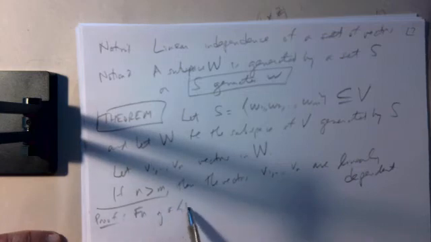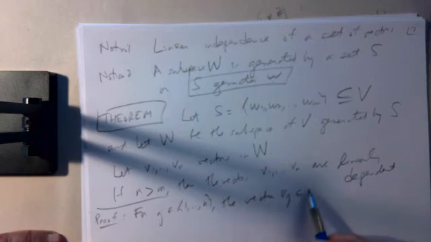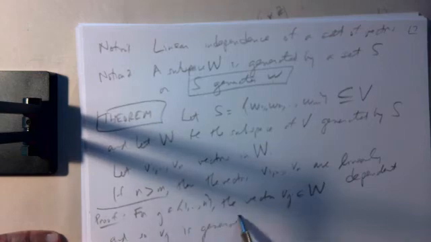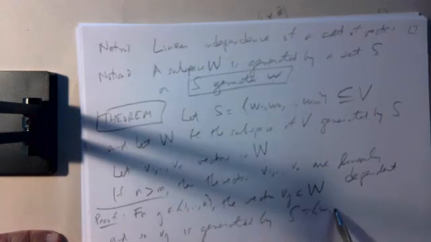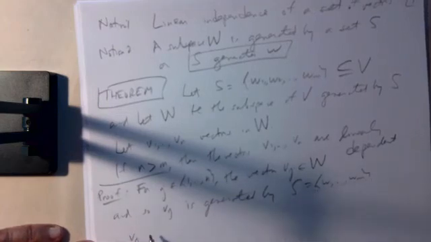So for each j from 1 up to n, the vector vj is a vector in W. And so v sub j is generated by the set S, which consists of these m vectors, W1 up to Wm. Therefore, Vj is a linear combination of these vectors.